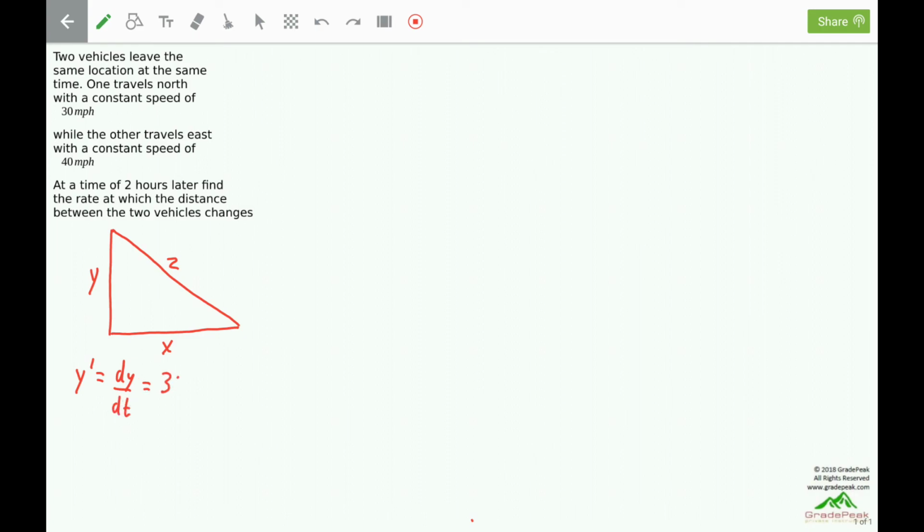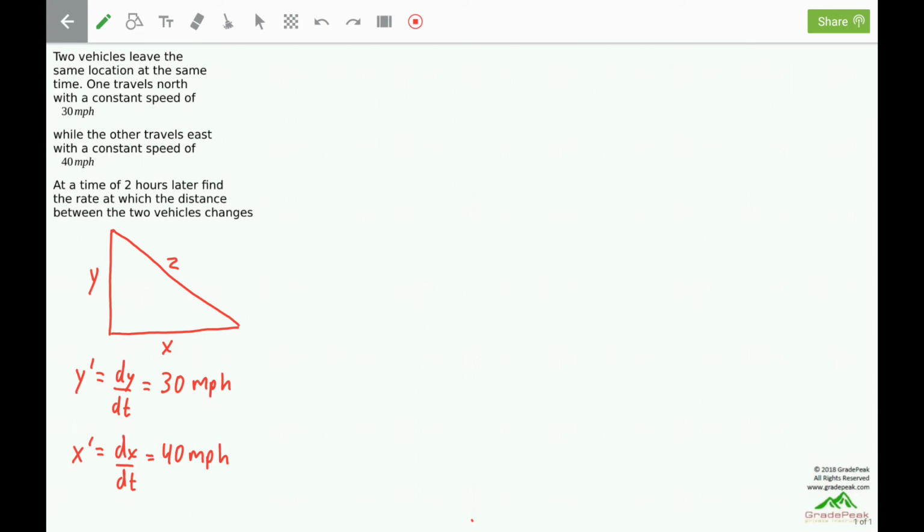The rate at which the length of y changes is positive, since it will be becoming longer, 30 miles per hour. x prime or dx/dt is the rate at which the eastward traveling vehicle is changing, and it's increasing its length at 40 miles per hour.